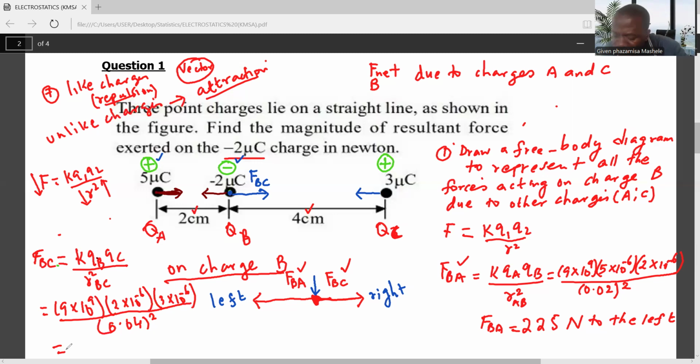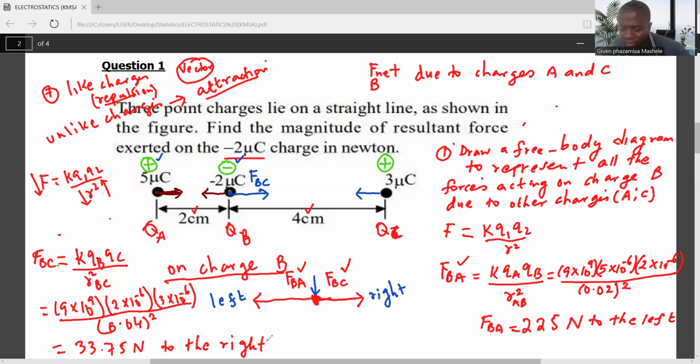It's very important to confirm before you hit the enter button. Everything's fine. Yes, this will give us 33.75 Newton to the right.